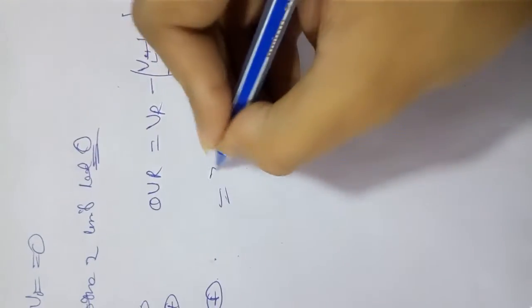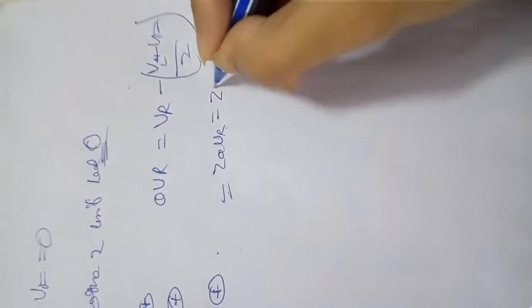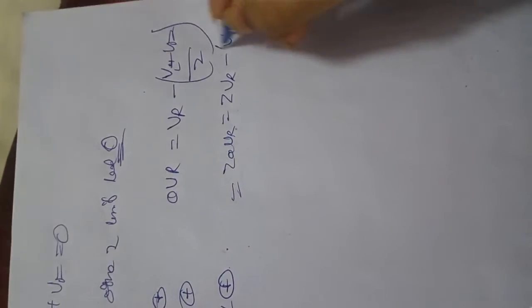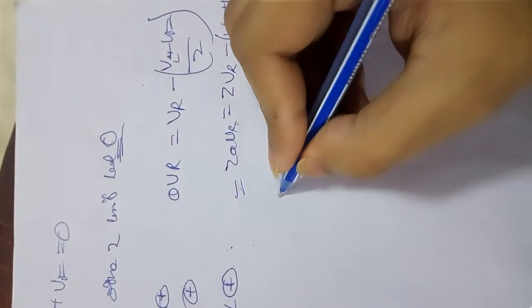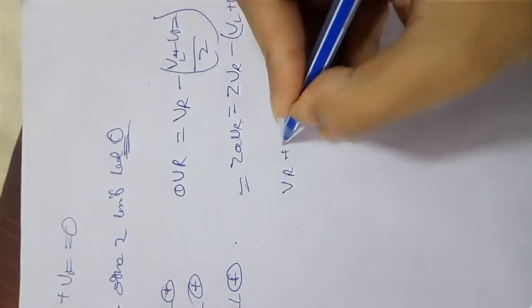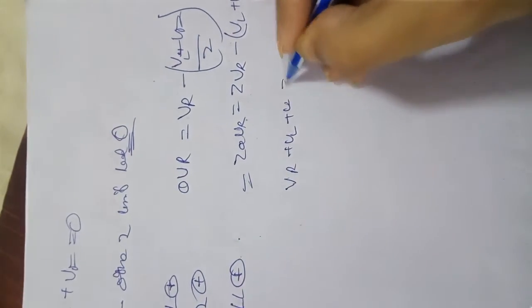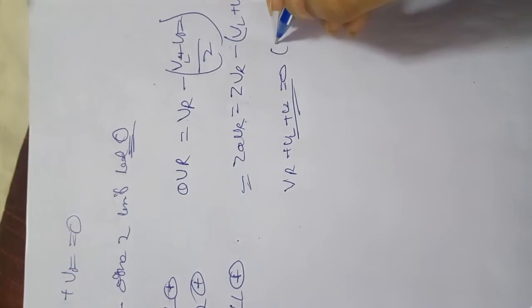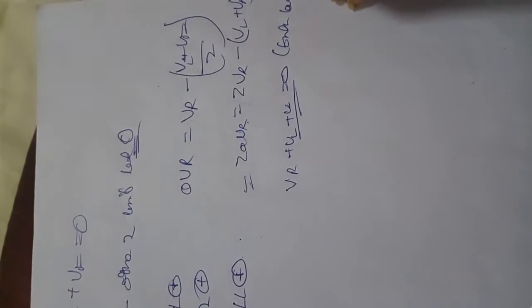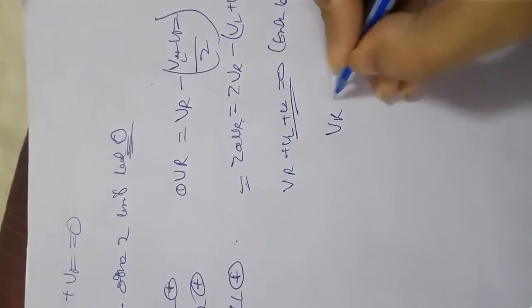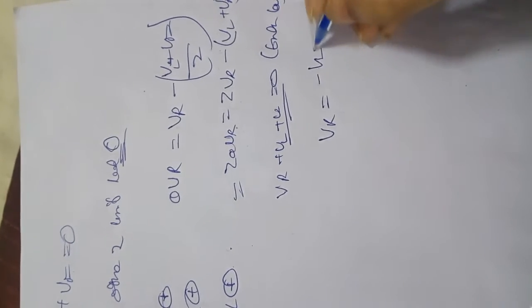that is 2AVR equals 2VR minus VL plus VF. Since we know that VR plus VL plus VF is equal to 0, from Einthoven's law, therefore VR is equal to minus of VL plus VF.